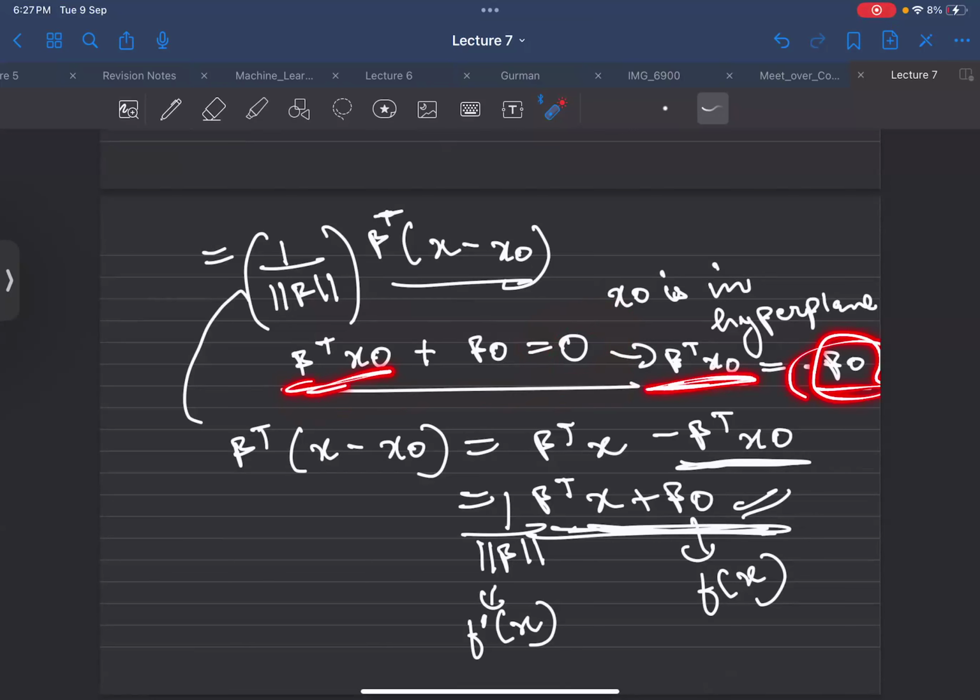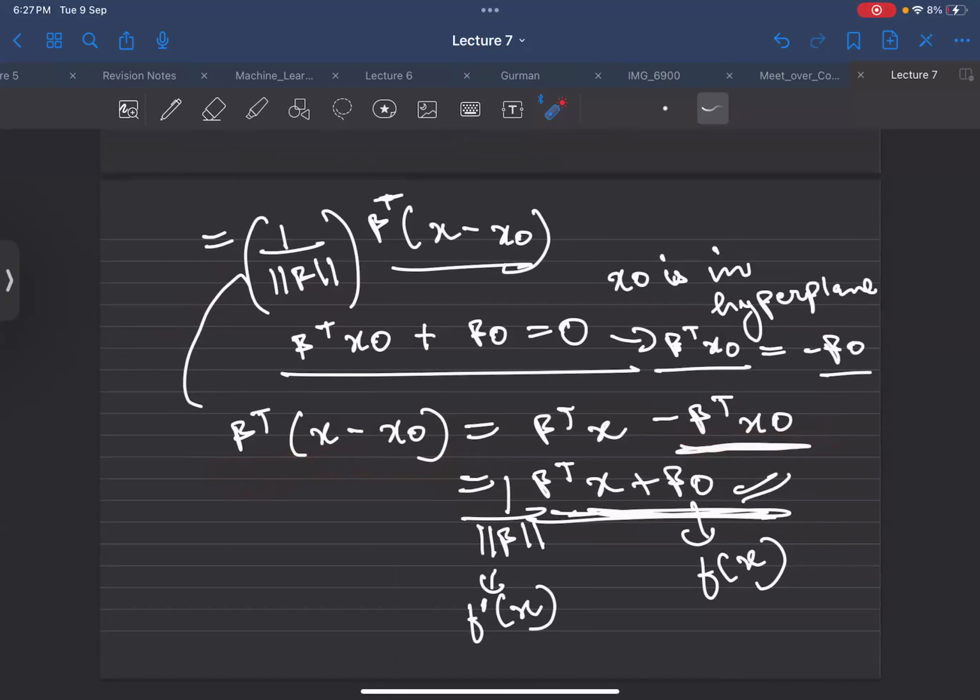When I open these brackets, I get beta transpose x minus beta transpose x0. And beta transpose x0 is nothing but minus beta naught. This was minus, so it became plus, and this is nothing but f(x). When I differentiate with respect to x, I get beta. This is nothing but f dash of x.